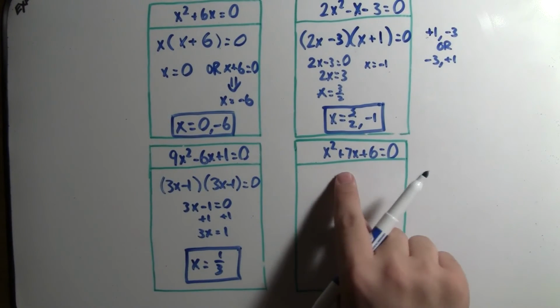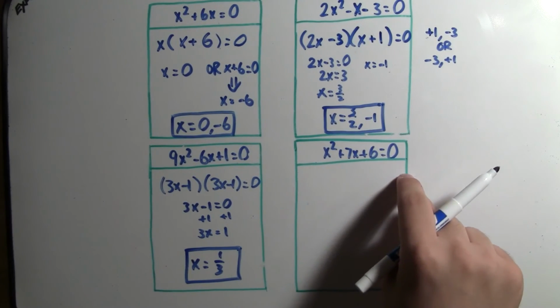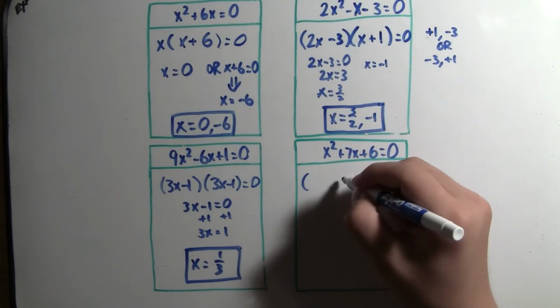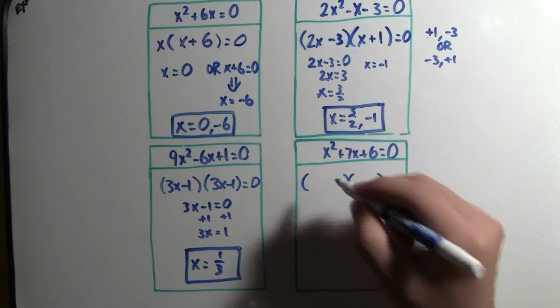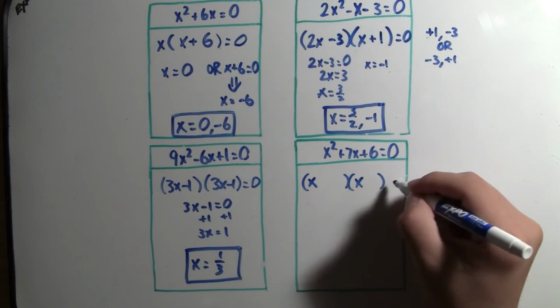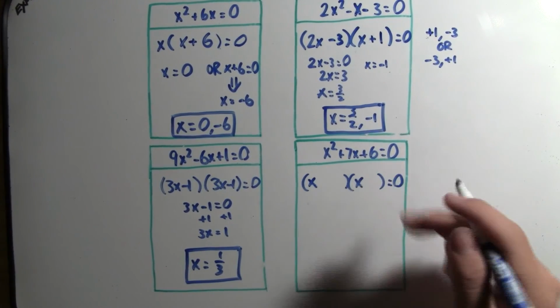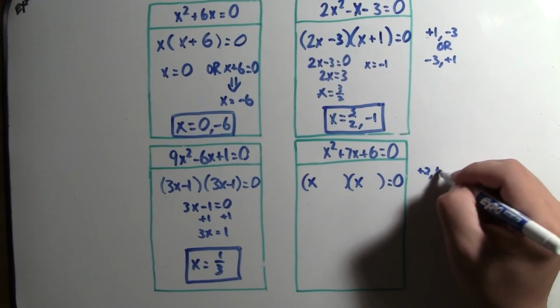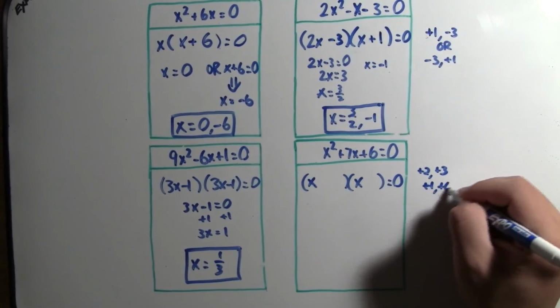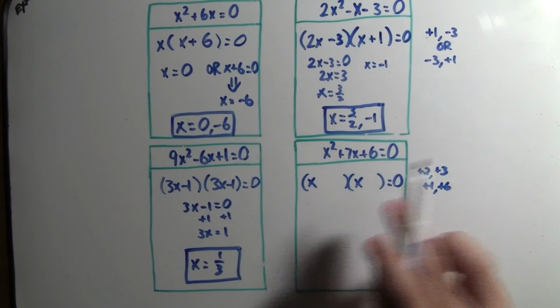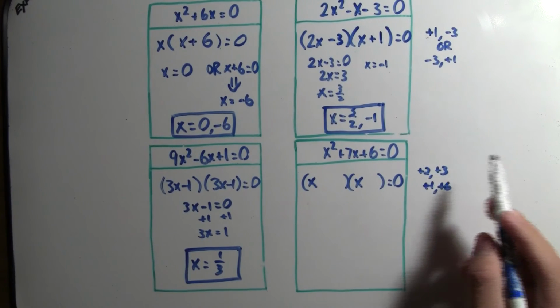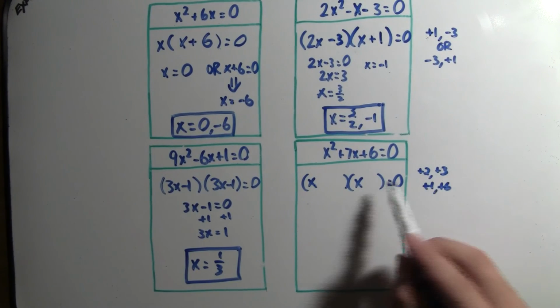Here we have x squared plus 7x plus 6 equals 0. We can factor this out. We know that the linear terms will have to be x and x. And the constant terms, they can either be plus 2, plus 3, or plus 1, plus 6. You have to find a pair in order for the constant terms to add up to 7, right?